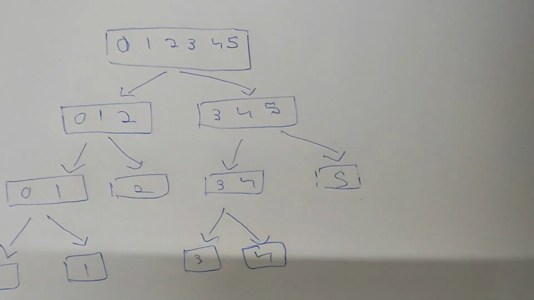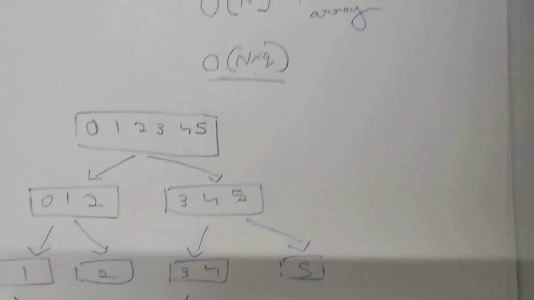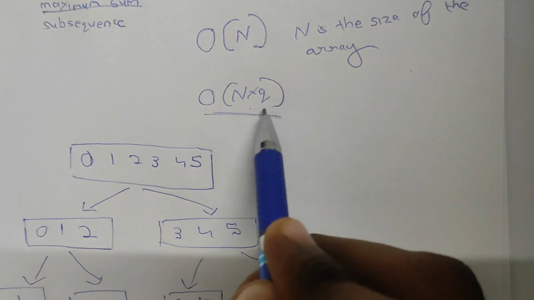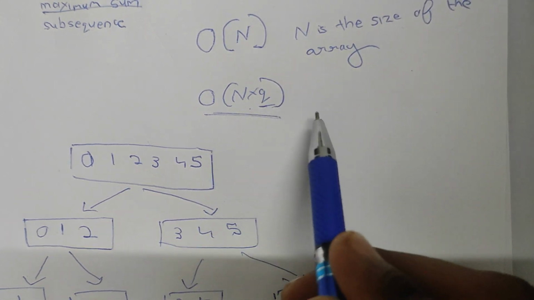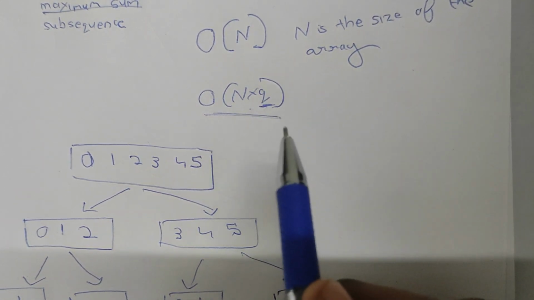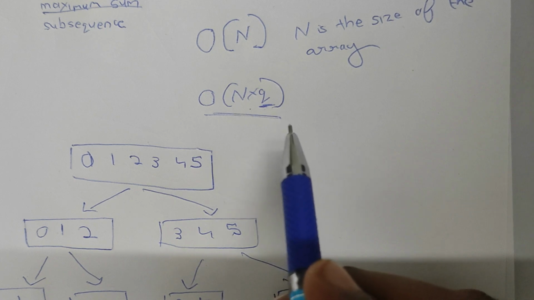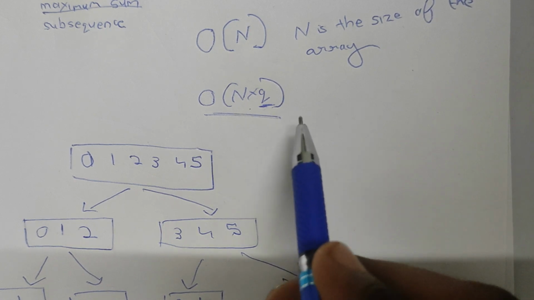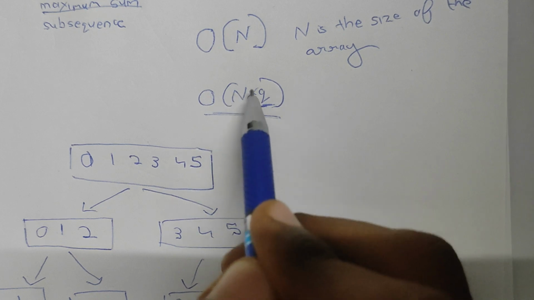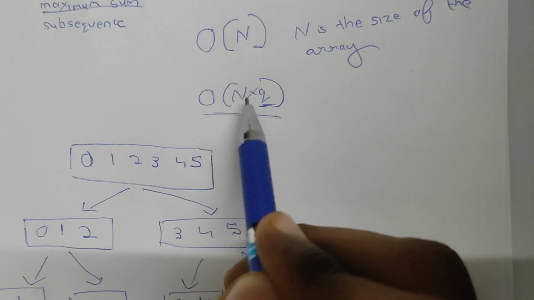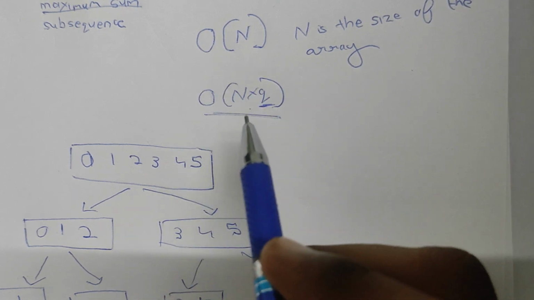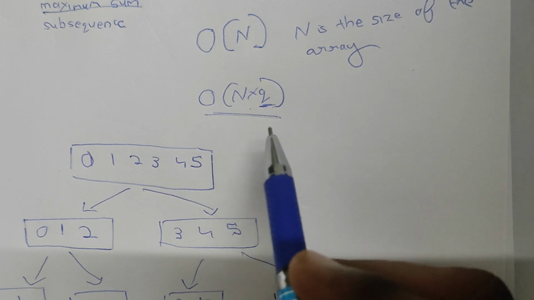So the problem with the DP approach is because of the number of queries. Since the number of queries can be very large, applying this O of n after every query will be of very huge time complexity.